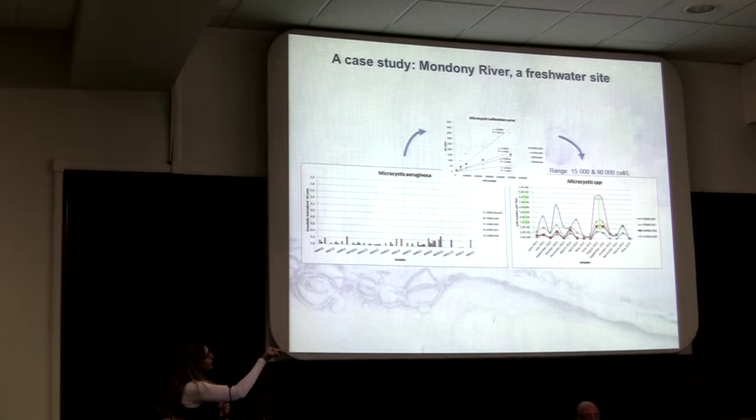Why is this quite high? It is because the R squared is not perfect. It's far from 1. So we trust more the cell number curves which are below. And then this transformation of results can give you a range of cells per liter. Then you are able to follow seasonally the life cycle of these microorganisms.